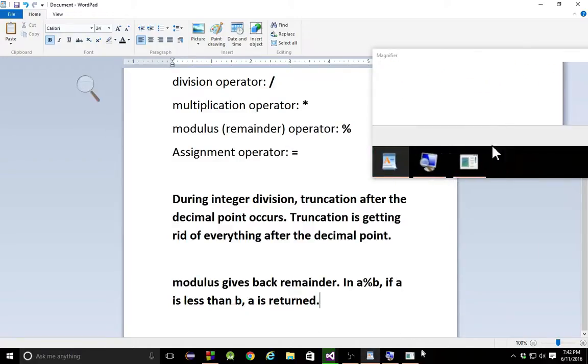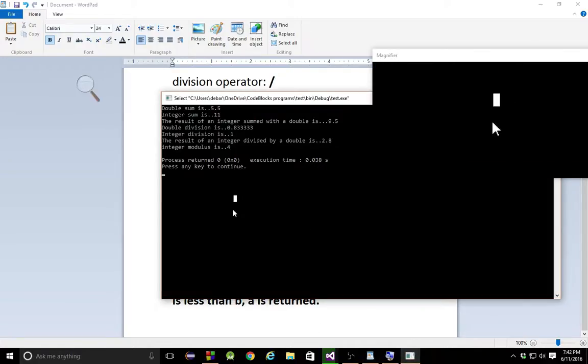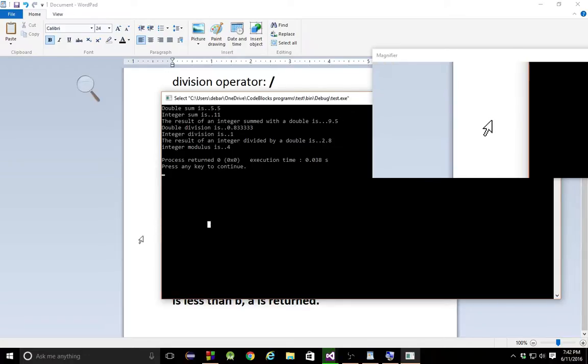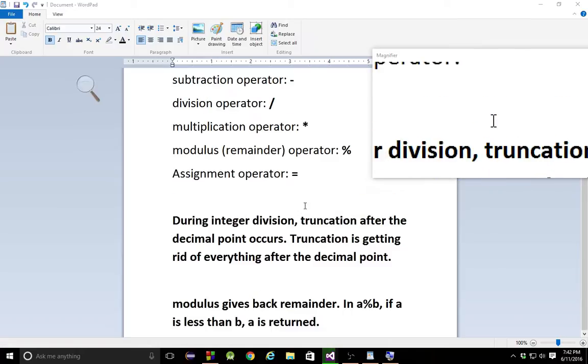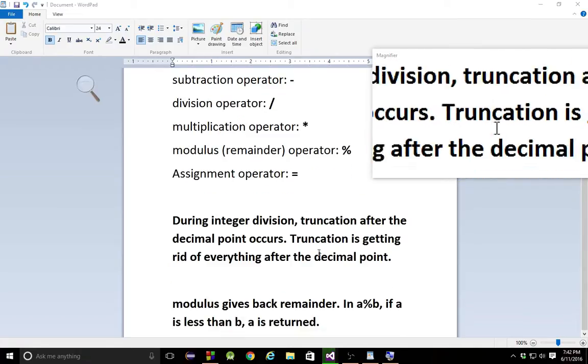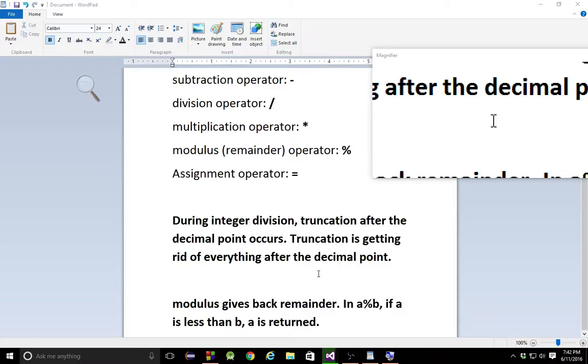Okay, so a word before we go. Now, I'll tell you this. In other languages, such as Java, this isn't allowed, but apparently in C++ it is.